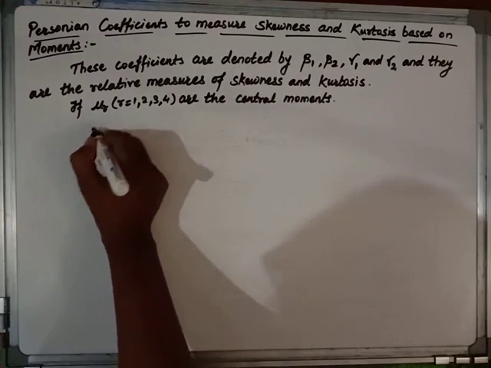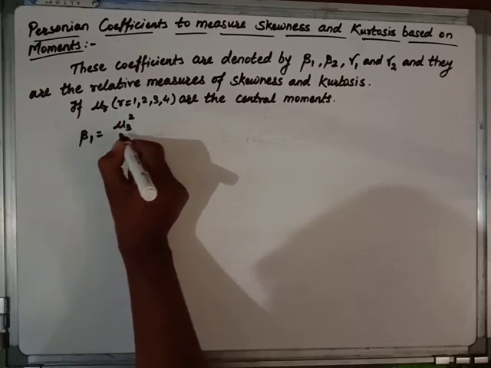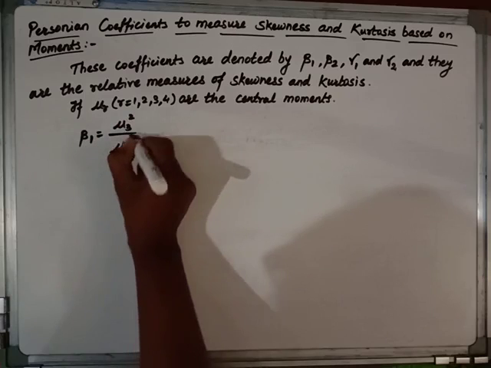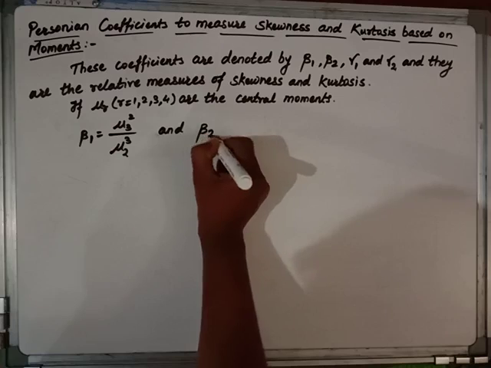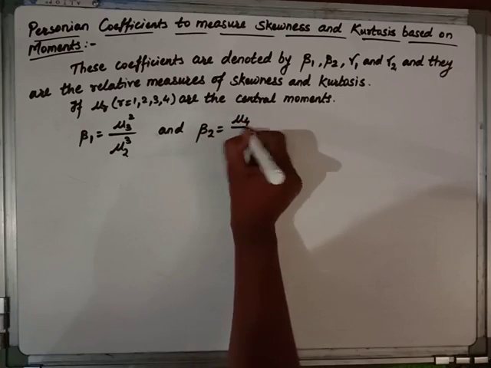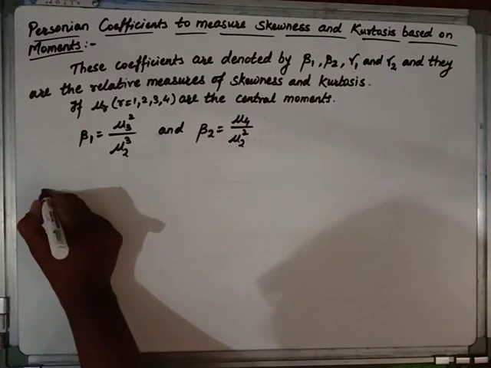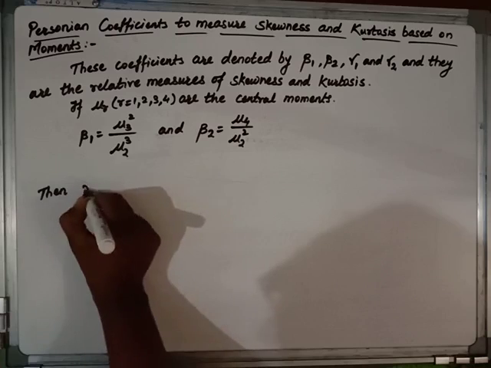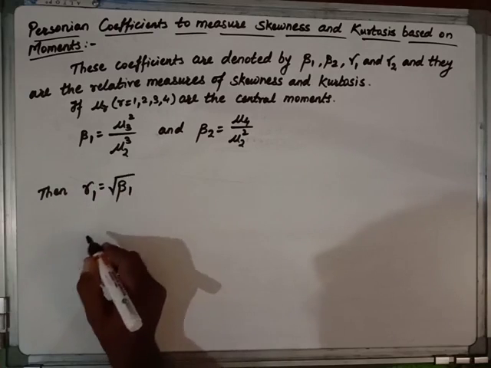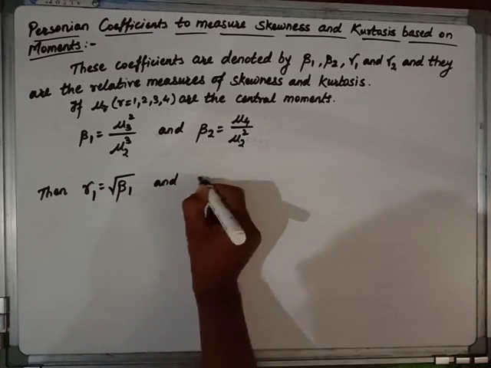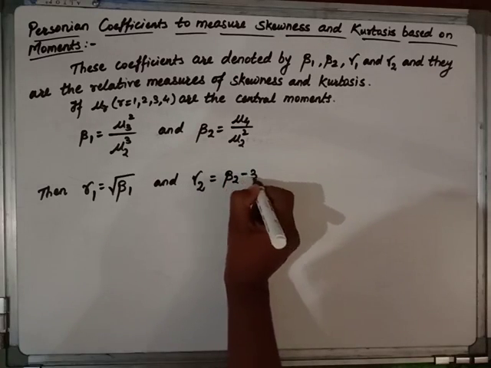then beta 1 is nothing but mu 3 square upon mu 2 cube, and beta 2 is mu 4 upon mu 2 square. Also, gamma 1 is the square root of beta 1 and gamma 2 is beta 2 minus 3.